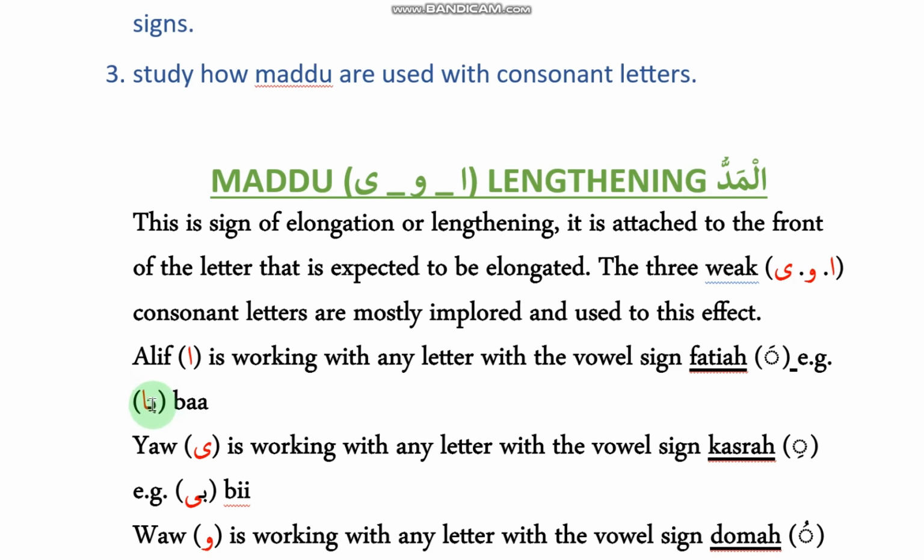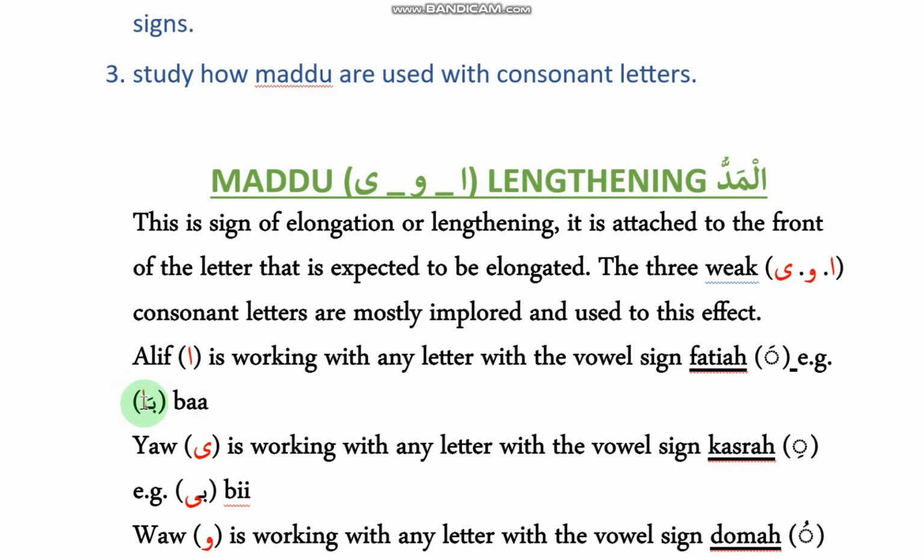Then here we'll say ba fataha ba, ba fataha ba, ba fataha ba. Once we add this alif to it, it becomes ba fataha alif madd ba, and it has been elongated once we add alif to it.